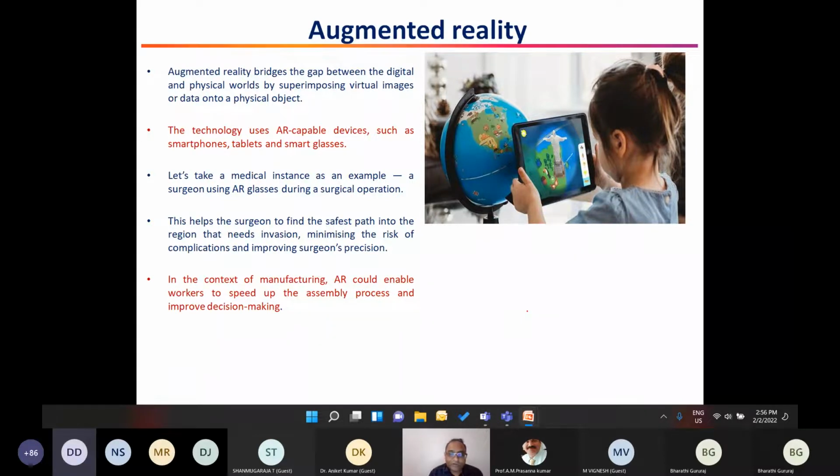In the context of manufacturing, AR could enable workers to speed up the assembly process and improve decision making. So recently General Electric has employed smart glasses in one of their manufacturing units, where it was seen that the employee who is looking after a particular plant finds it is not working. So to make it work, he has to refer to too much data. He has to go through all the servicing manuals and all.